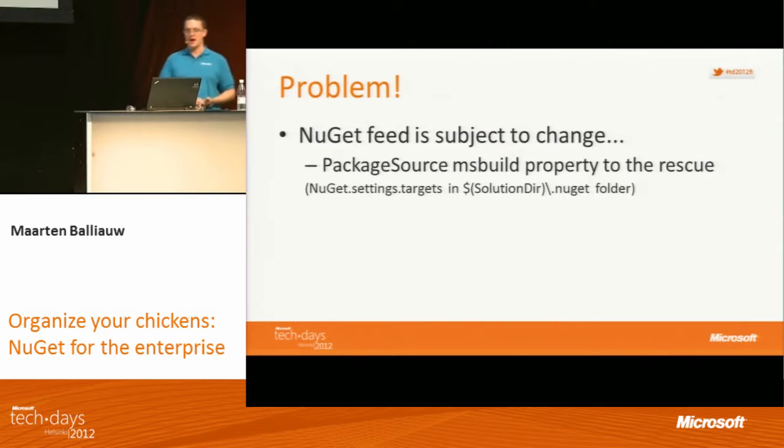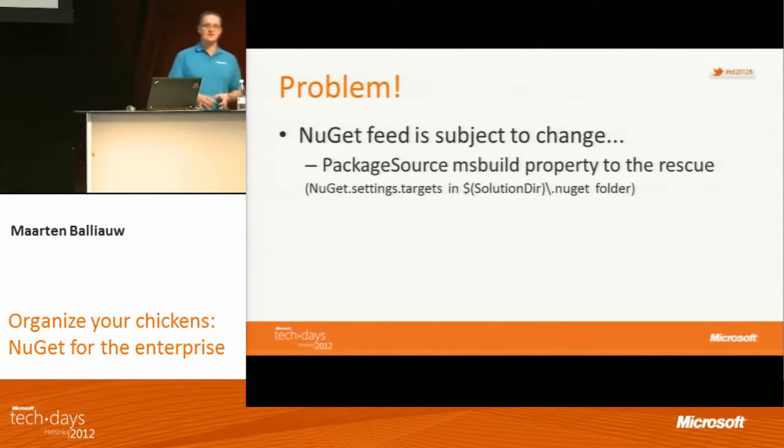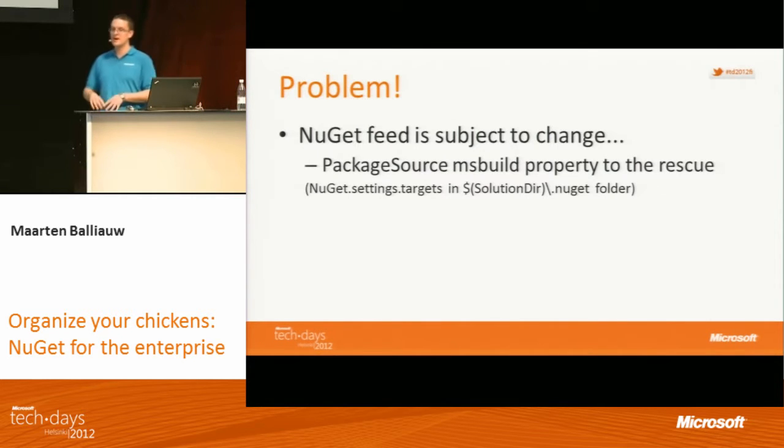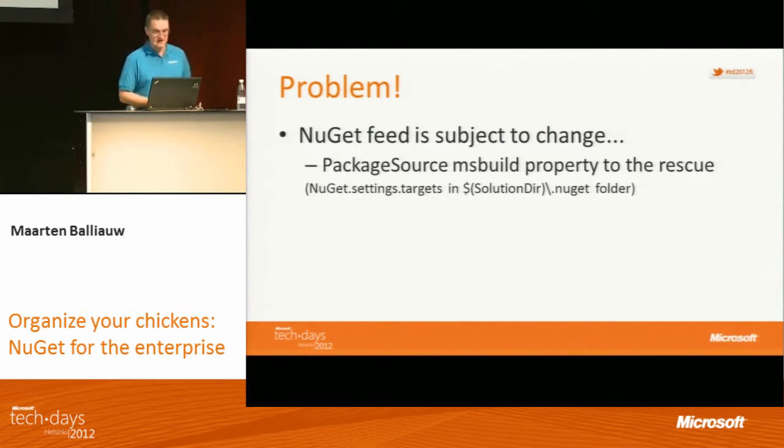No. If you enable this package restore feature, in this .NuGet folder, there's a NuGet.settings file. Just open that. There's a nice setting called gallery URL or something. Just update that one with your own gallery server, with your own NuGet server, with MyGet, with whatever file system share you're using, for example. And all your build servers will go look there for the NuGet packages.